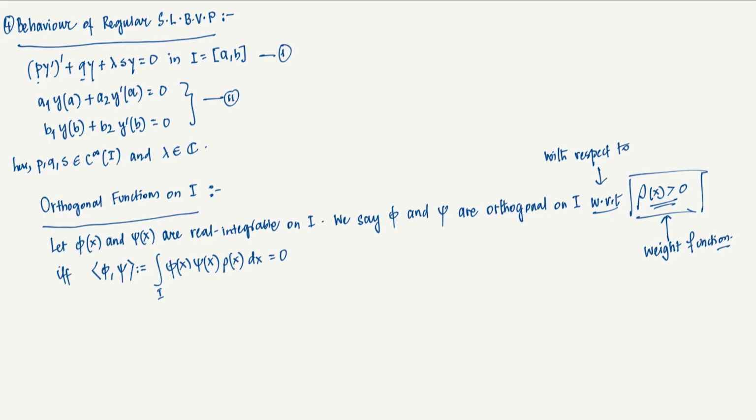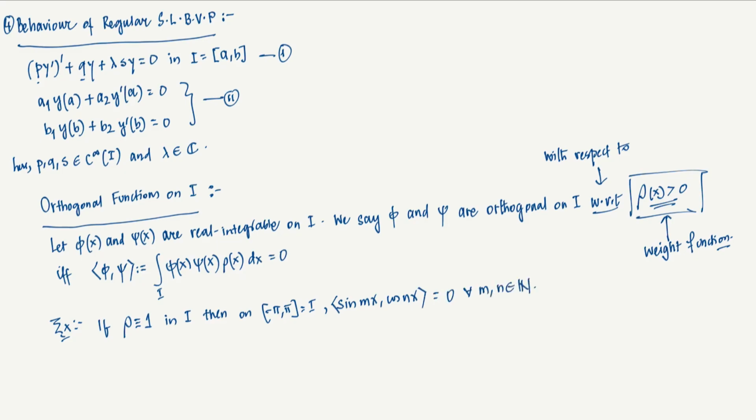Of course, as an example, we have already seen that if rho is exactly equal to 1 in some interval I, say I is minus pi to pi, then sine mx and cosine nx, the inner product of that is going to be 0 for all m, n in N. You remember that, right?